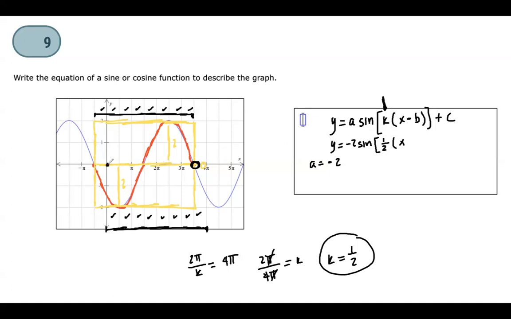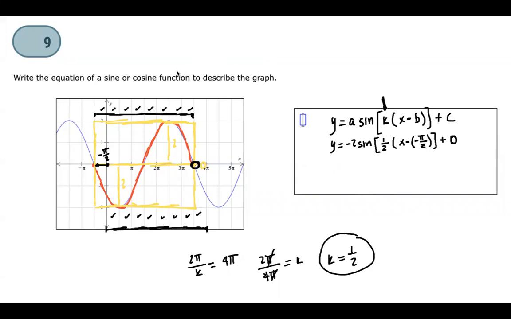So from the initial position to this position, it was shifted minus pi halves. It was shifted in the negative direction. So if b is equal to minus pi halves, I'm going to substitute it here. So it's going to be minus minus pi halves and then plus c. And because the midline is exactly at 0, I can write 0 or just omit that value altogether.